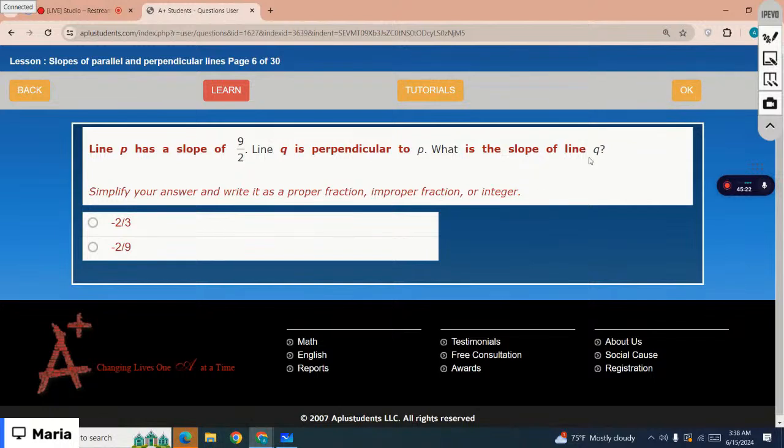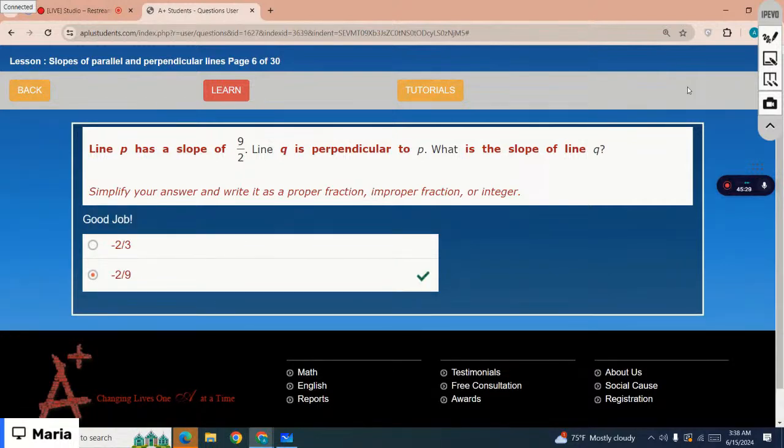Because they are perpendicular, that means the slopes would be negative reciprocals. So the correct option is negative 2 over 9.